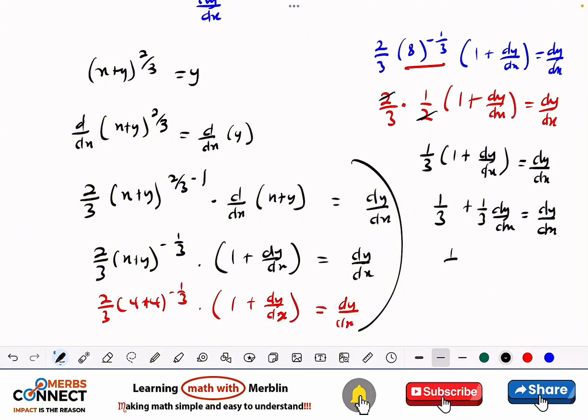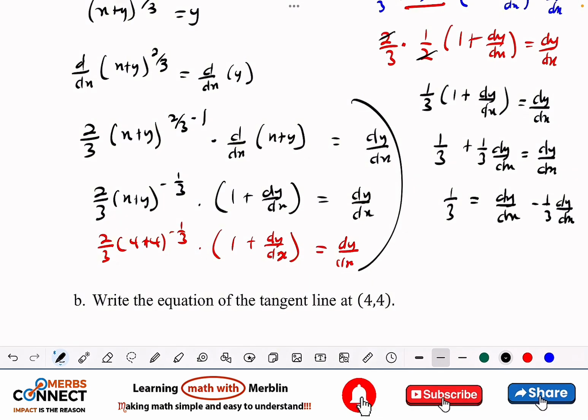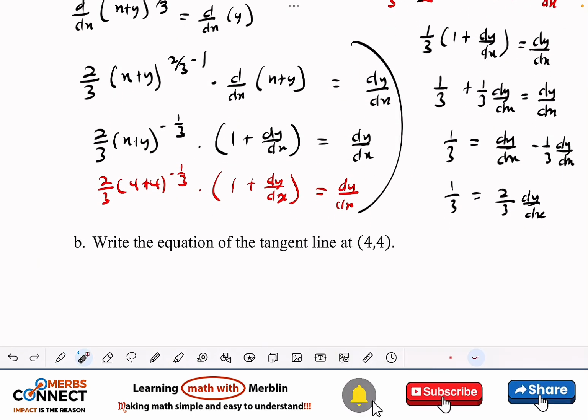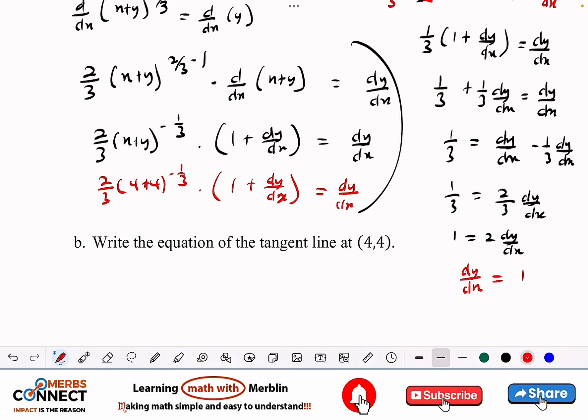So 1 over 3 is equal to dy over dx minus 1 over 3 dy over dx. So 1 minus 1 over 3 is going to give us 2 over 3 dy over dx. And then I'm going to multiply through by 3. So when I do that, I'm going to have 1 is equal to 2 dy over dx. And dy over dx will be equal to 1 divided by 2.